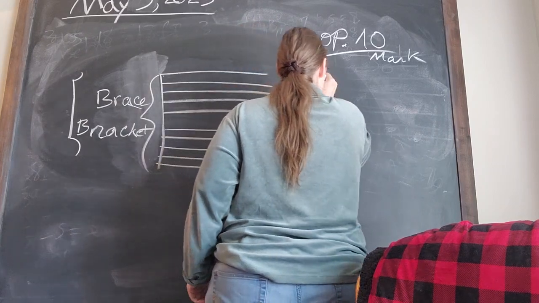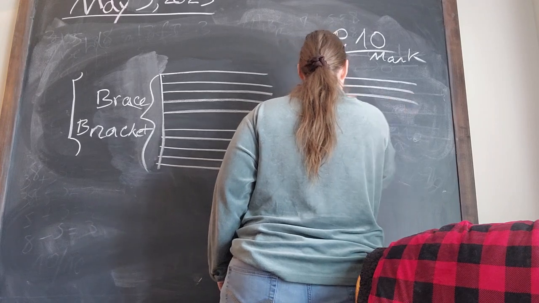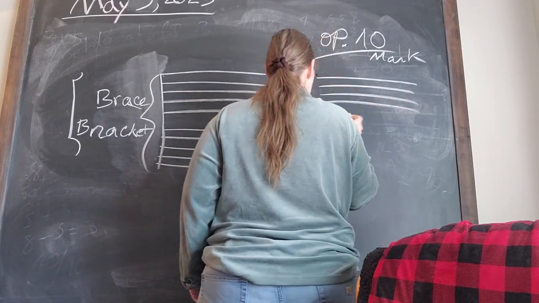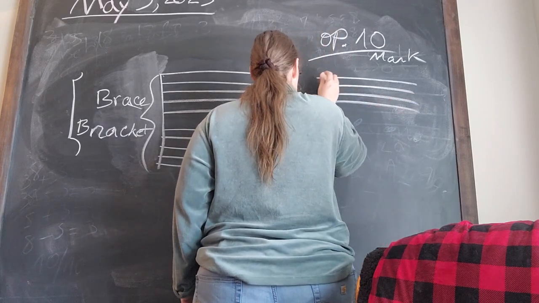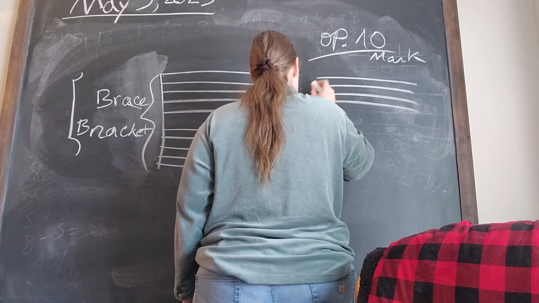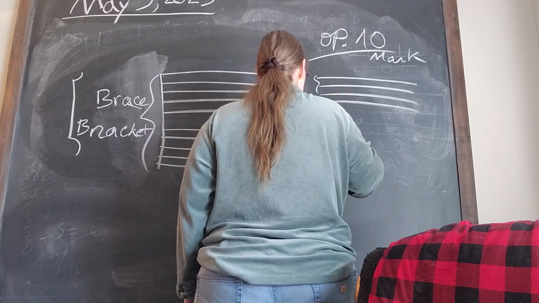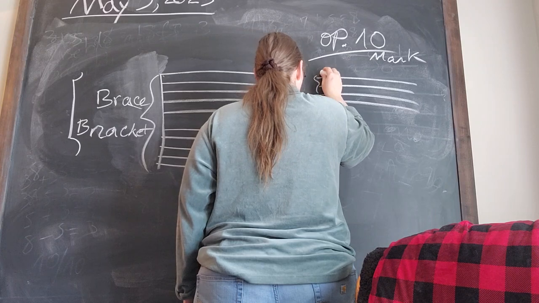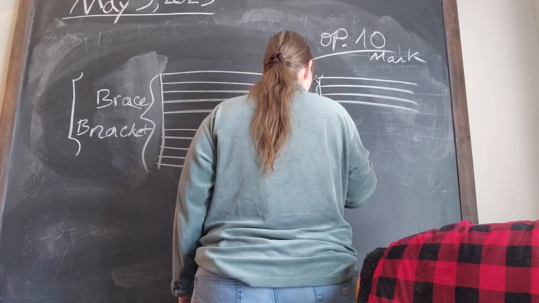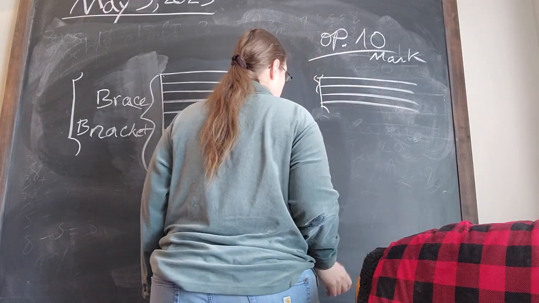He writes some big fancy orchestra score. All these lines are music. This is going to be the woodwind. The flutes are going to be split, but the whole family of woodwinds is going to use a bracket.